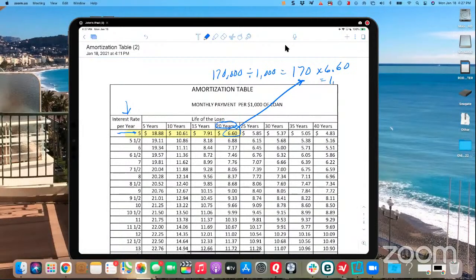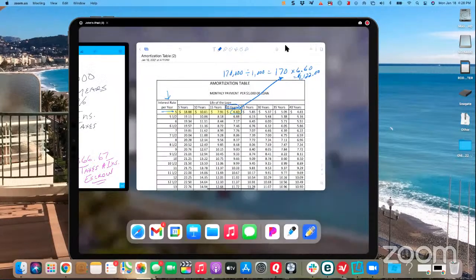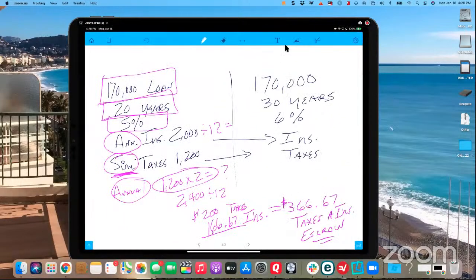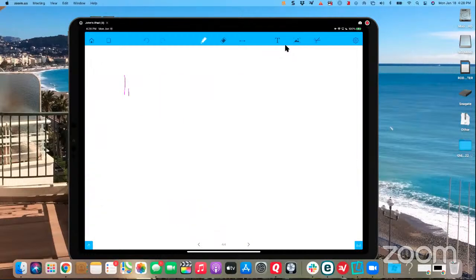This is your monthly mortgage payment of $1,122. Now, keep in mind, I'm working these numbers here. So 1,122, let's just come over here to a new line. This is your principal and interest.